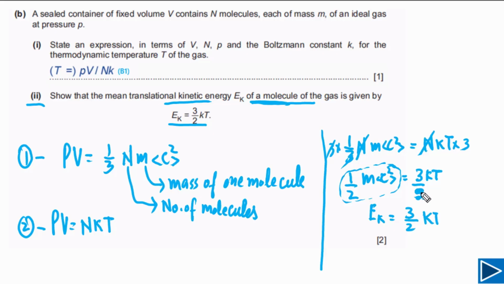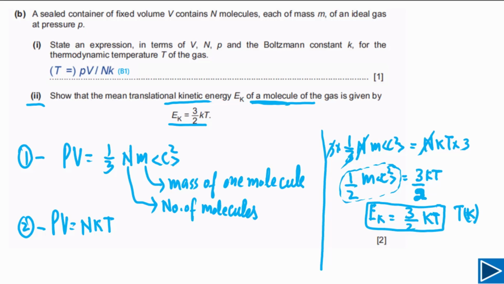So this is our final answer, and this is what question was asking us to derive. But one thing you need to understand is that when you calculate translational kinetic energy of a molecule, temperature has to be in Kelvin. So you have to use unit Kelvin for temperature if you need to calculate kinetic energy of any molecule.